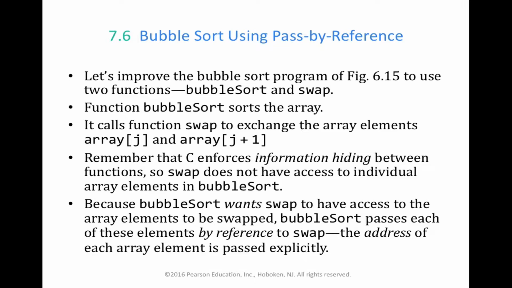Remember that C enforces information hiding between functions. So swap is not going to have access to individual array elements in bubbleSort, because bubbleSort wants swap to have access to the array elements to be swapped. BubbleSort has to pass each of these elements by reference to swap so that the addresses of the array elements are passed explicitly.